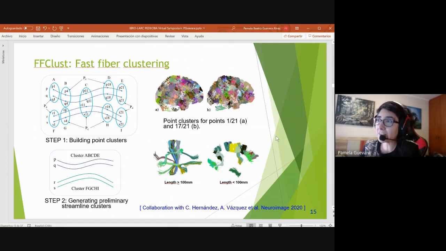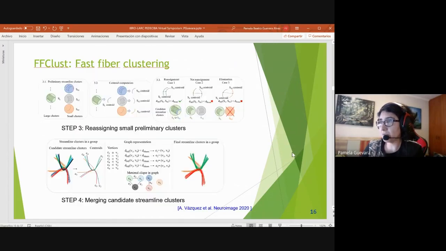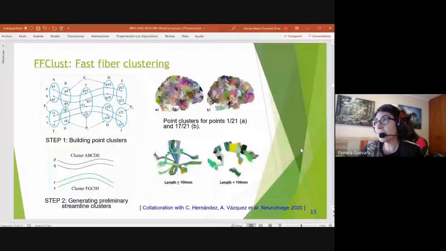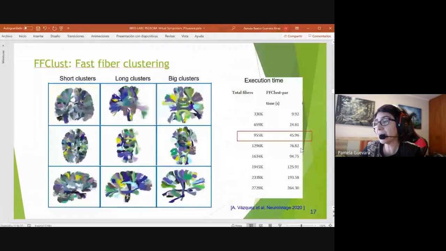But the advantage of this method is that it's very fast. So, for example, for 1 million fibers, it takes less than 1 minute, okay, compared with 2 hours for the first method. So here what we try is to have the same quality and have a very fast algorithm.